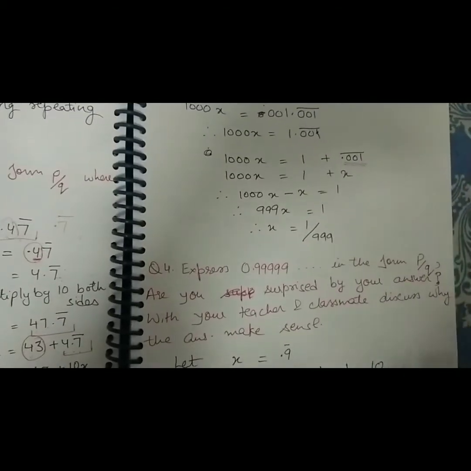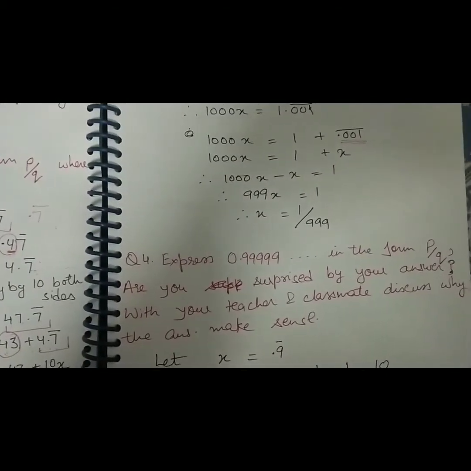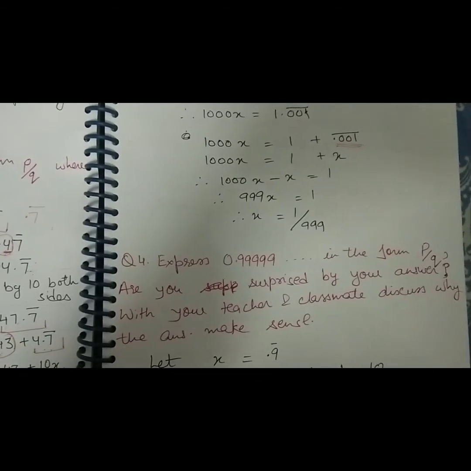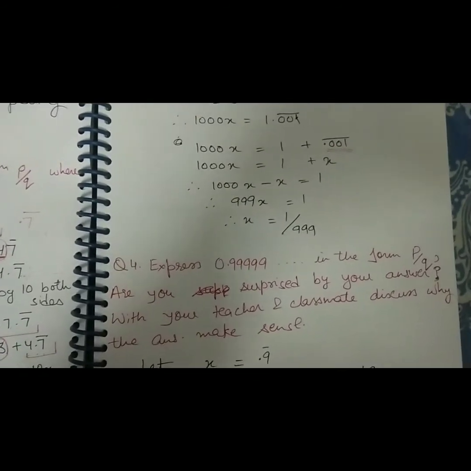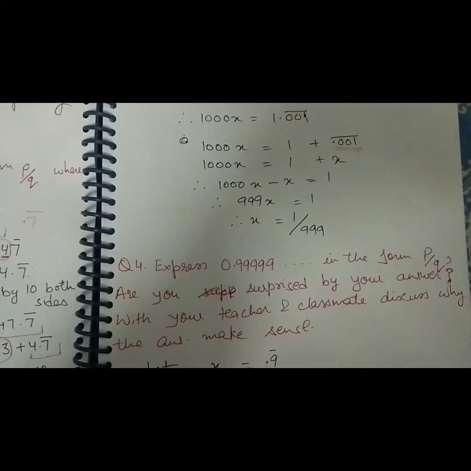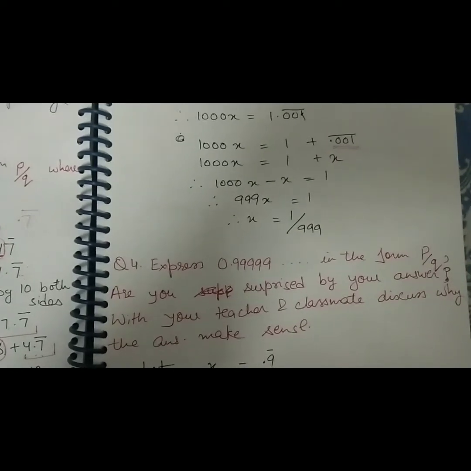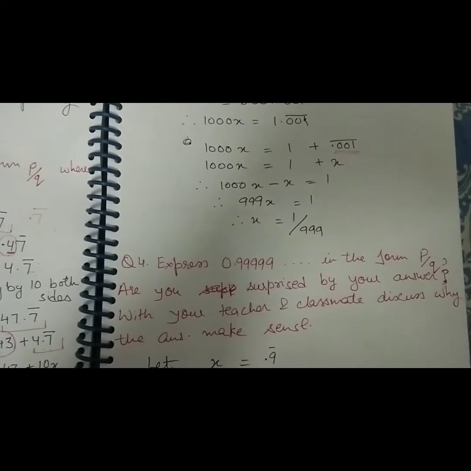Let's move towards the fourth question. Express 0.9999 to infinity in the form of P upon Q. Are you surprised by your answer? With your teacher and classmates, discuss why the answer makes sense. Let's take x equal to 0.9 bar.